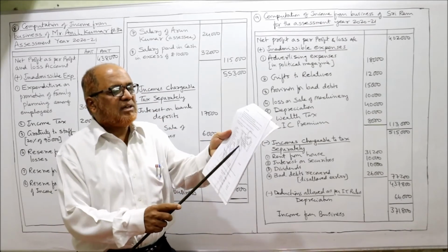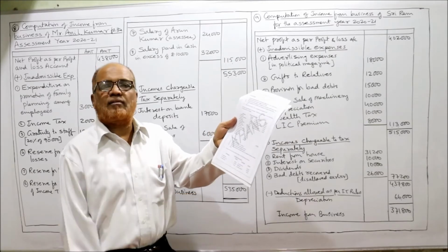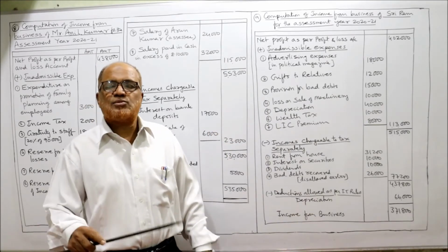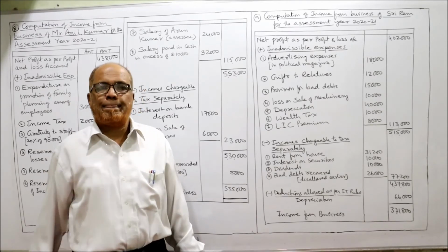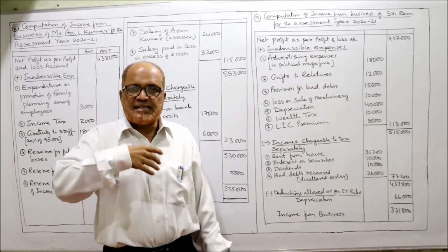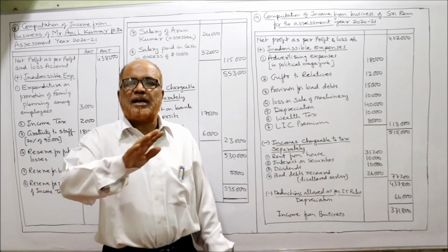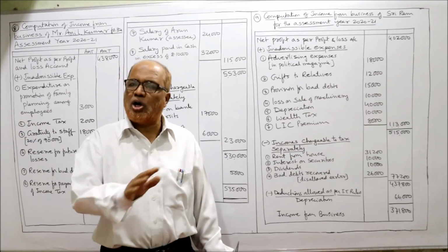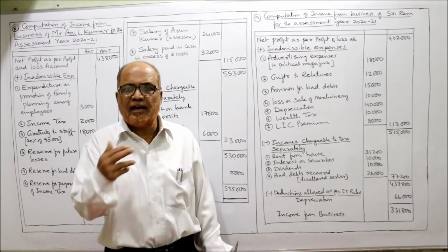Bad debts recovered was given on the credit side of profit and loss account. Last item, bad debts recovered 26,000. Adjustment, it is saying that it was disallowed earlier. In the previous years, sometime, the assessee has claimed the bad debt with the income tax department. Income tax department has declined, not given the bad debts as deduction earlier times.